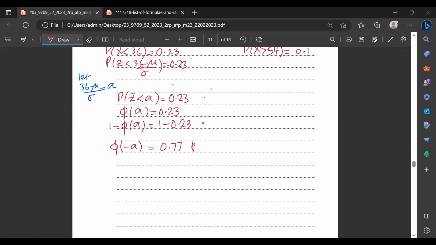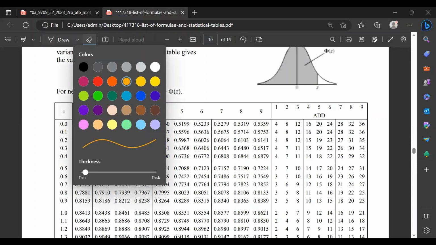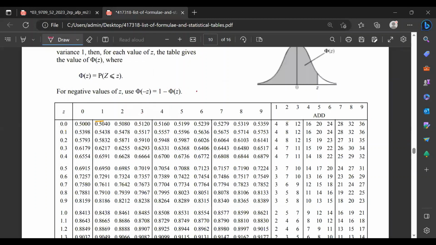So p is 0.77, and for this we'll read the table in reverse.